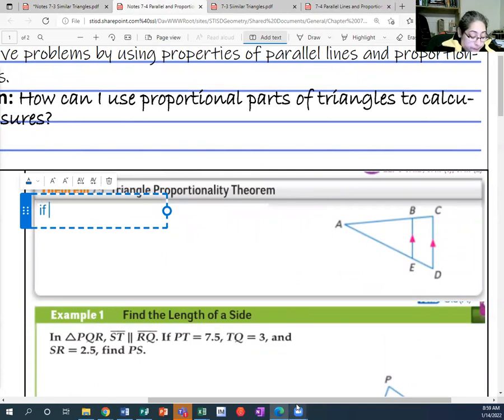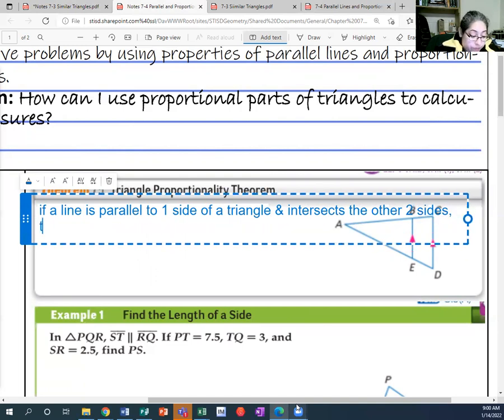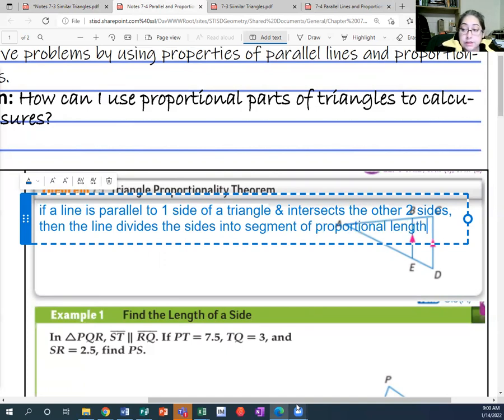It says, if a line is parallel to one side of a triangle and intersects the other two sides of that triangle, then the line divides the sides into segments of proportional lengths.